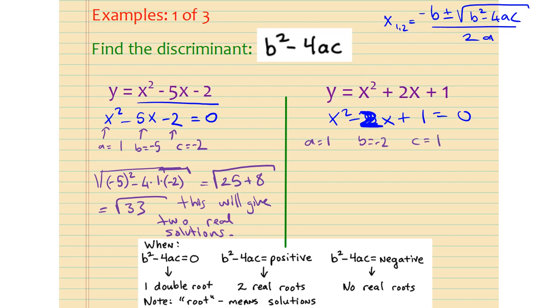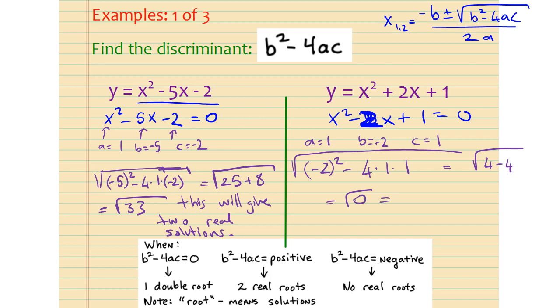We will write this under the square root, b squared minus 4ac. b squared, negative 2 squared, minus 4 times a times c. And this will give us 4 minus 4, which makes it 0.